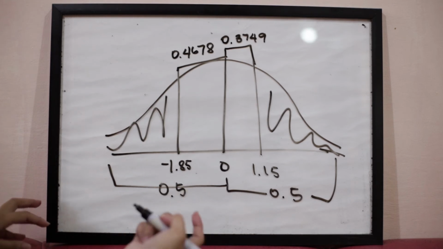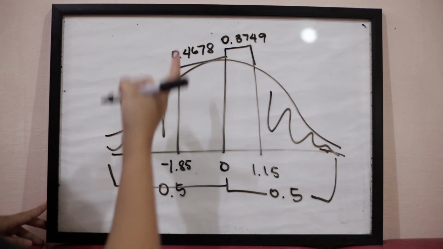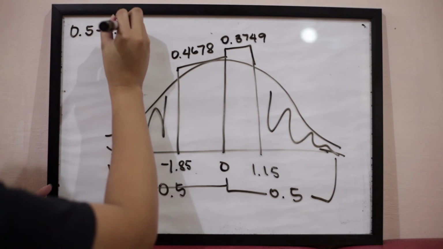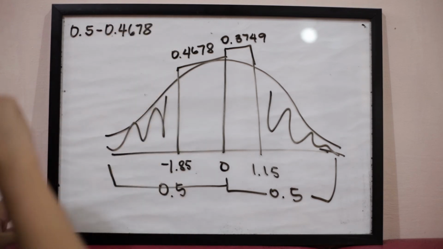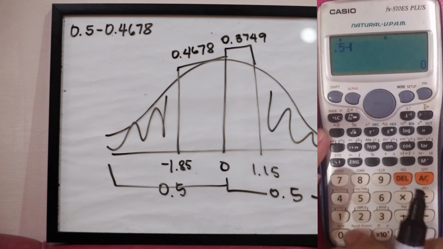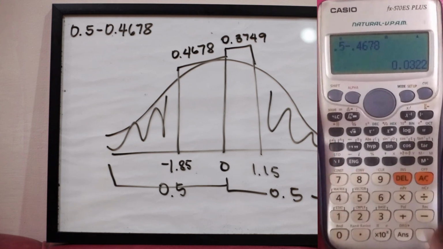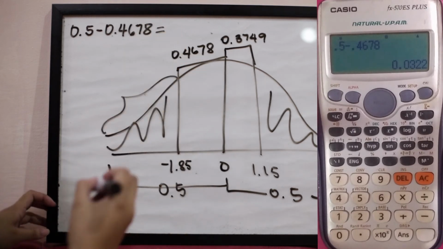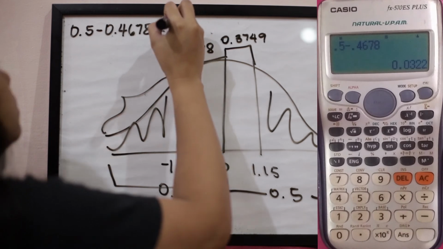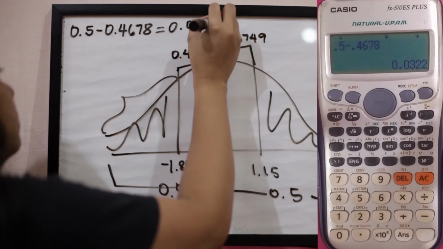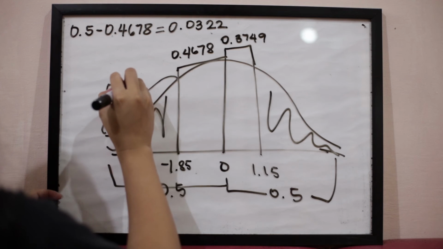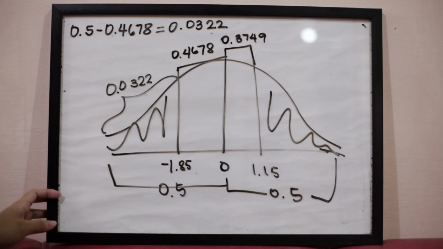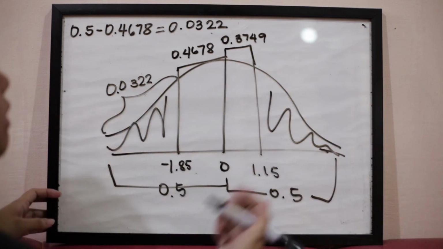So, you can subtract first 0.5 minus 0.4678. 0.5 minus 0.4678 is 0.0322. This is what we got. This is 0.0322. This is like solving it half and half. This one first, and then this one.